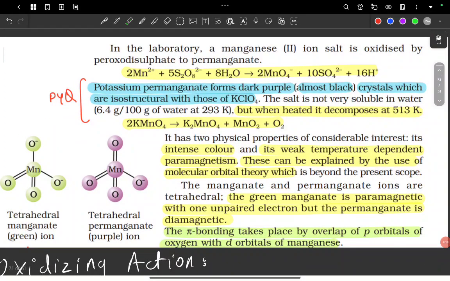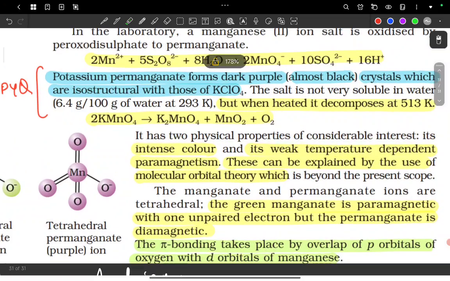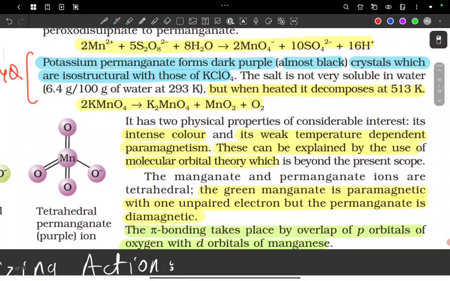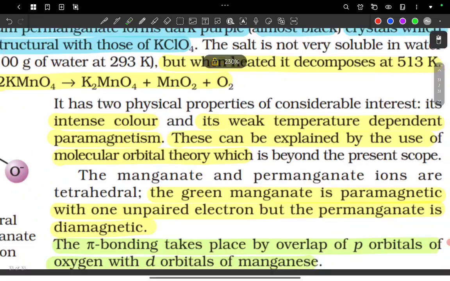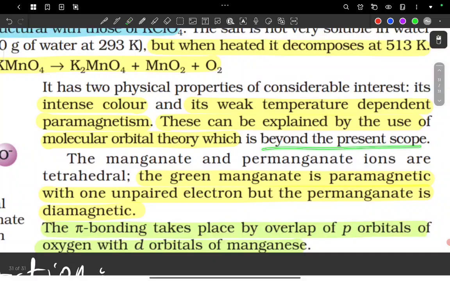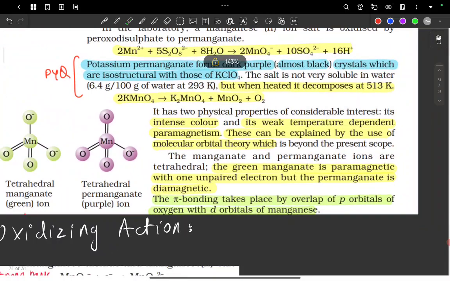Now, it has physical properties of considerable interest. It has intense color and it is weakly paramagnetic, and its paramagnetism is temperature dependent. And this can be explained on the basis of molecular orbital theory, but they have said that this is out of the scope of the NCERT.